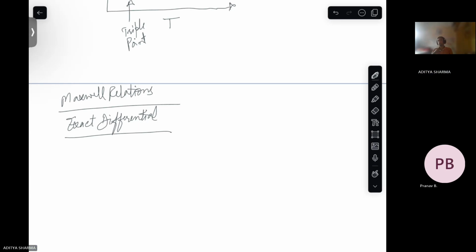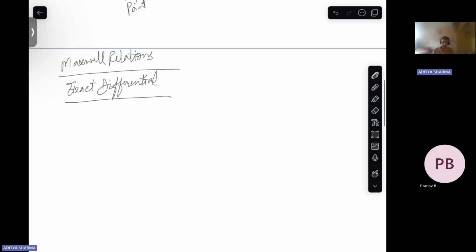So if we have state functions, those state functions can be defined using these exact differentials, and then we can dwell onto the mathematical formulations using those state functions and exact differentials of those state functions. So this is the whole idea.